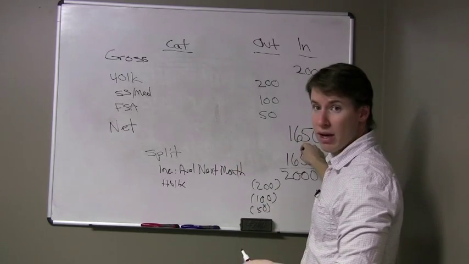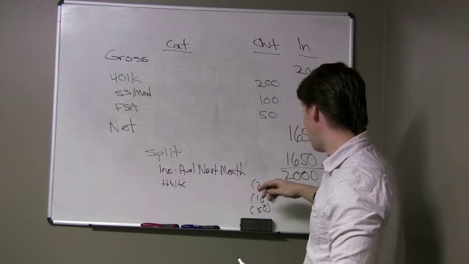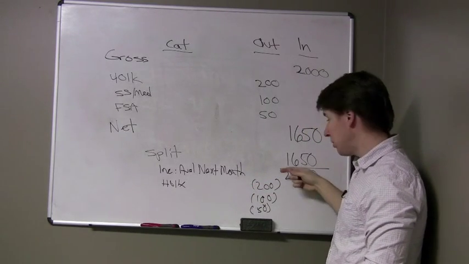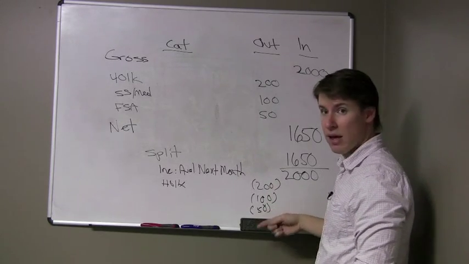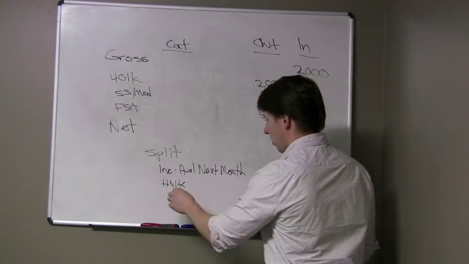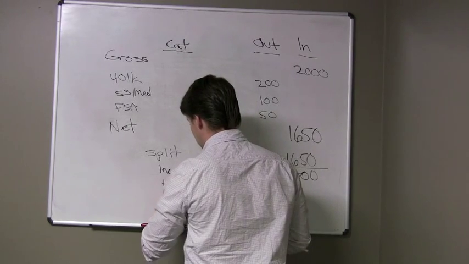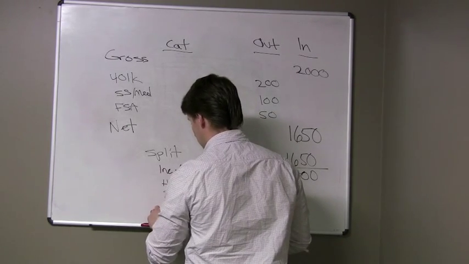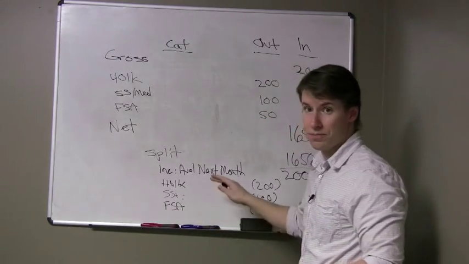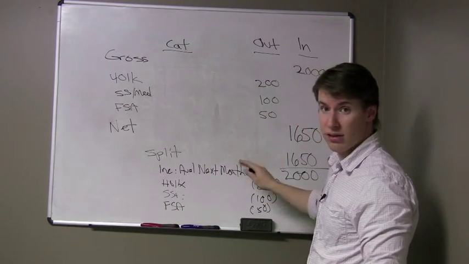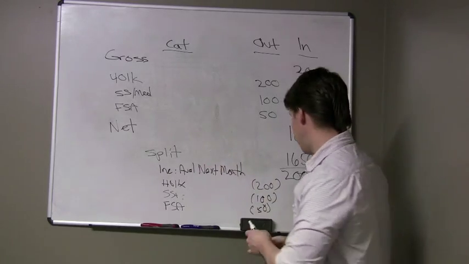Then inside the sub-transactions, you record that $2,000 gross, then the outflow of 200, the outflow of 100, and the outflow of 50, and you end up with transactions that are all categorized and actually affecting your budget. So that's the register side, just a nice split transaction.